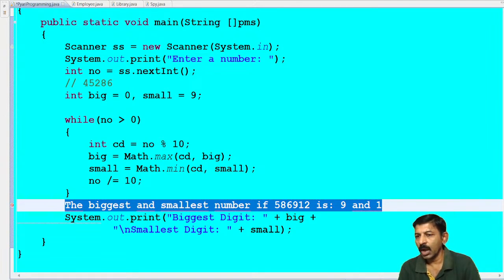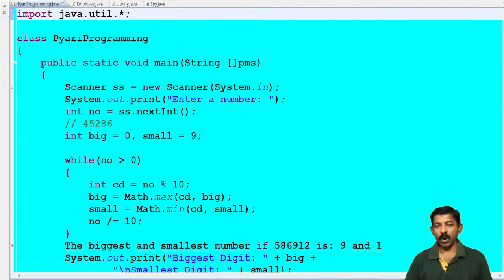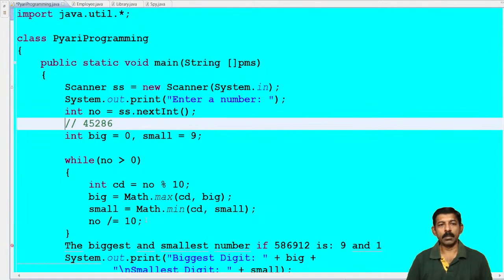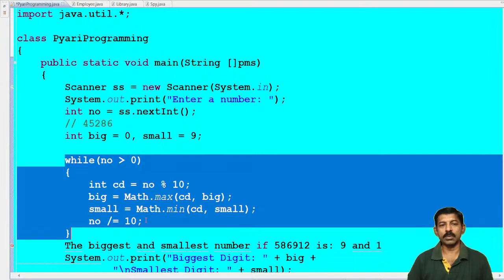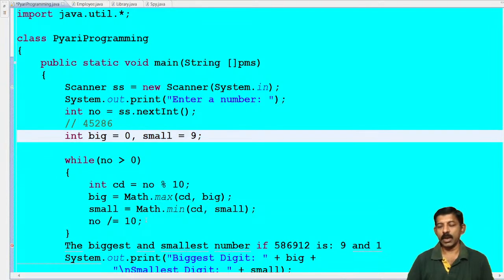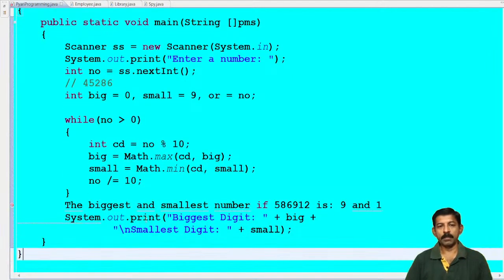Sir, for this we have to take a backup of the number. Excellent. Good point observed by Ayushman. I need a backup now because once I come out of the loop, I cannot display the number. So I will say OR is equal to NO. Fine, I will come over here.